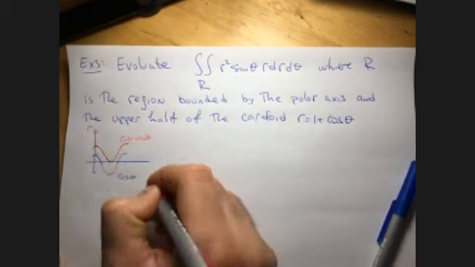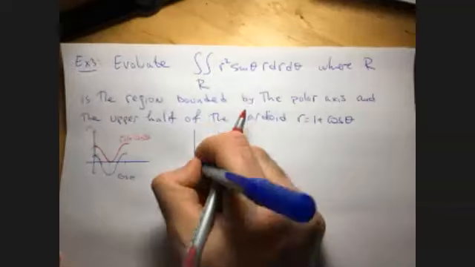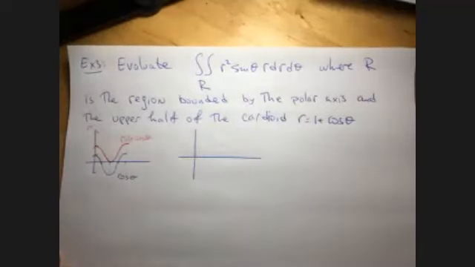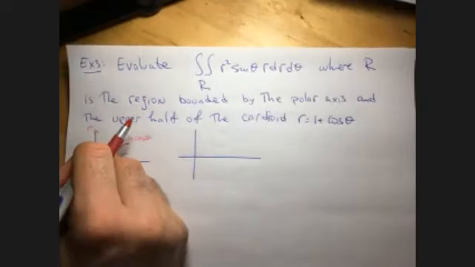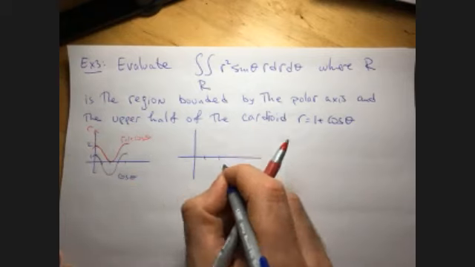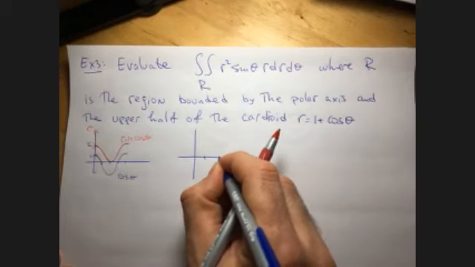It's always positive, okay? So how is that going to look? This is 2 and 1. I start with theta is 0, the radius is 2.